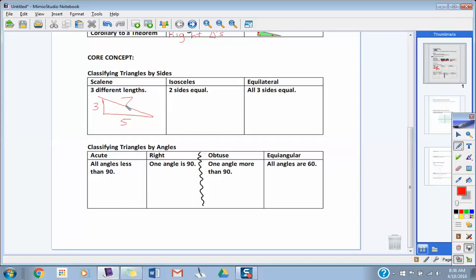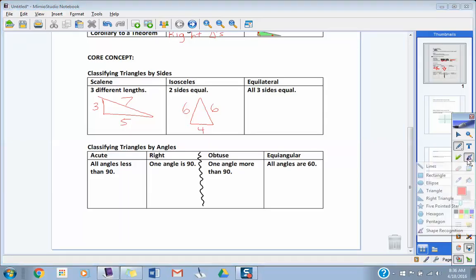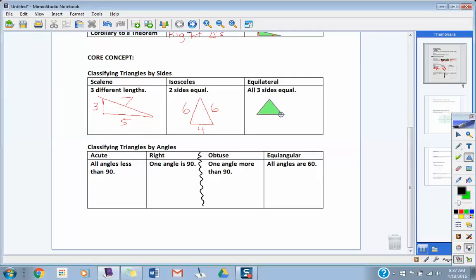Isosceles again. What's isosceles mean? So if this was 4 and I said maybe this is 6, what do I want this side over here to be then? Either one, 4 or 6. 2 sides are equal, right? And then obviously when you get to equilateral, what's true about all sides?